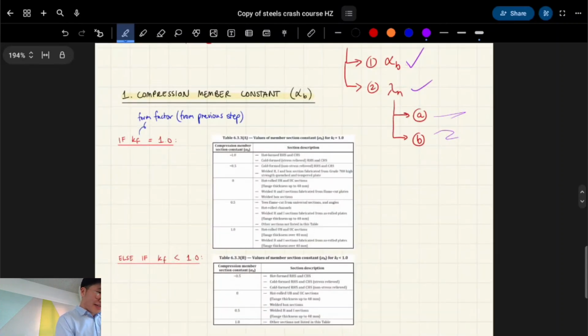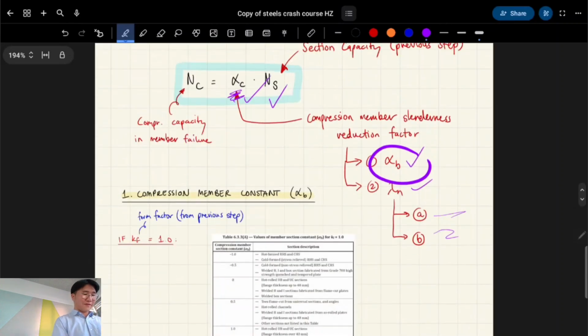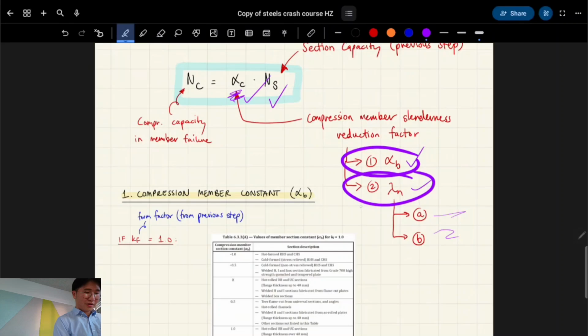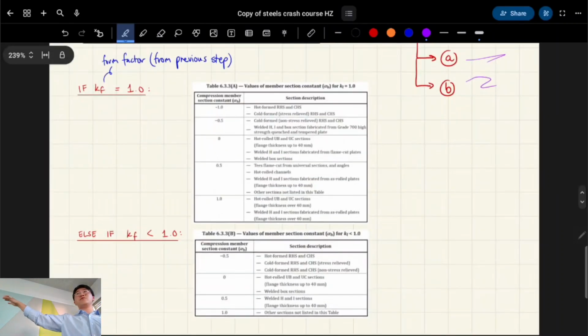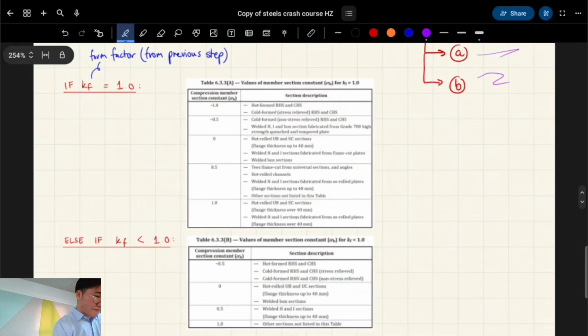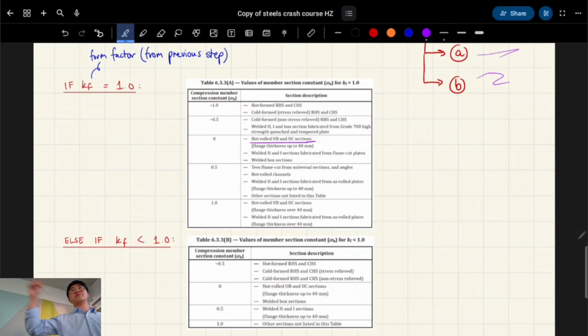So basically we're looking for a bunch of things, right? We're looking for number 1, alpha B, and number 2, gamma N, right? And so alpha B is not bad. It's from a table. And essentially, most of the time you're going to be dealing with hot rolled UB and UC sections. UB stands for universal beam, which is just another way of saying I-beam, I-shaped beam.